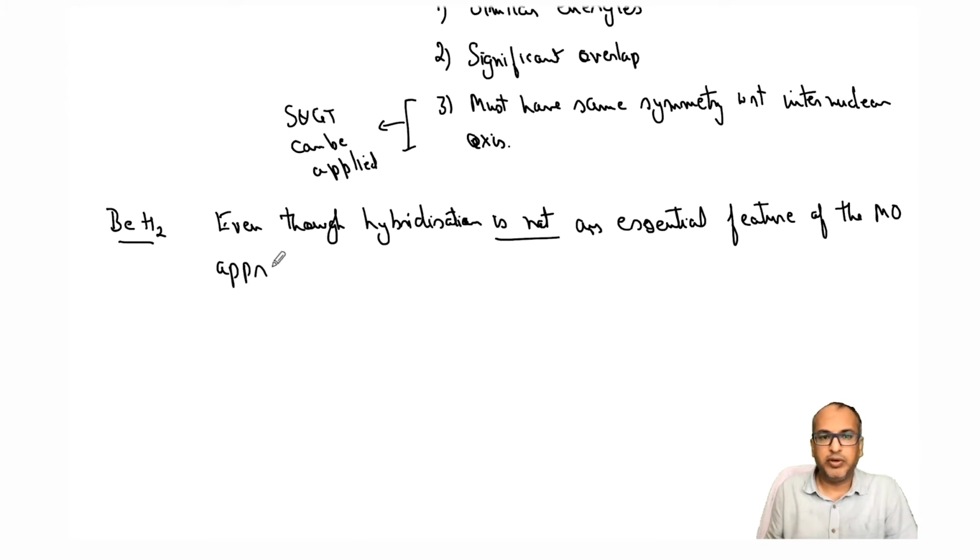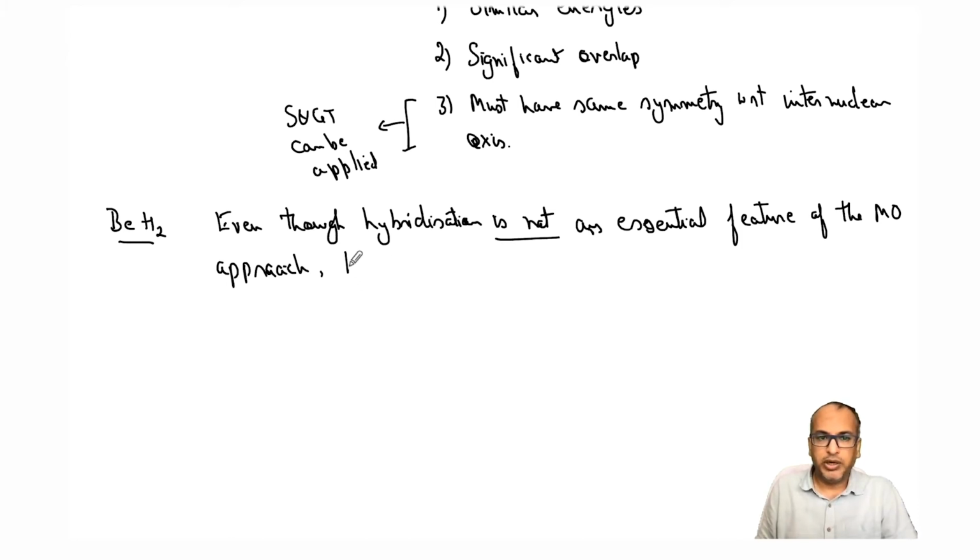That we have learned when we were looking at the differences between MO and VB theory. In valence bond theory, hybridization is an essential approach, whereas in MO theory, it is not an essential feature of MO.